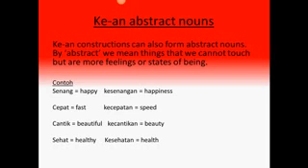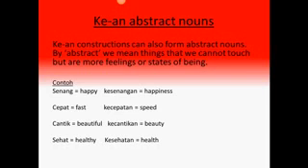And thirdly, the way we can use them is as abstract nouns. So Kaan constructions also form abstract nouns, and what we mean by abstract is things that we cannot touch, but are more feelings or states of being. So things that we consider objects, but we can't actually go out and physically touch them. So for example, senang is happy, kesenangan is happiness.